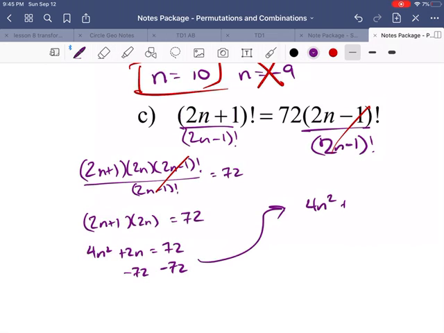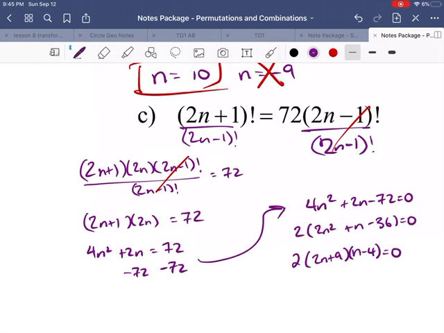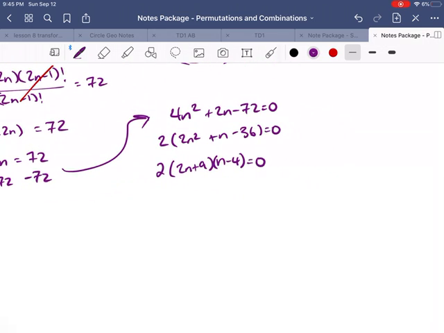So 4n squared plus 2n minus 72 equaling 0. We do have a GCF, so let's take out the 2. 2n squared plus n minus 36 equaling 0. And if you factor this, so we get that.